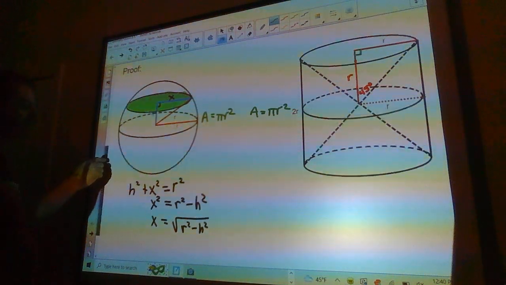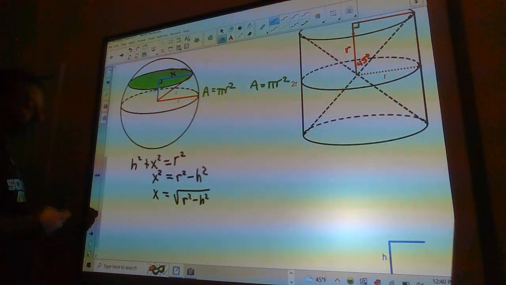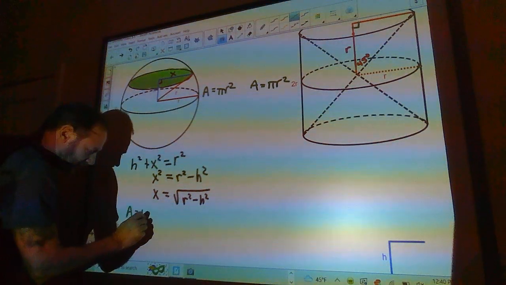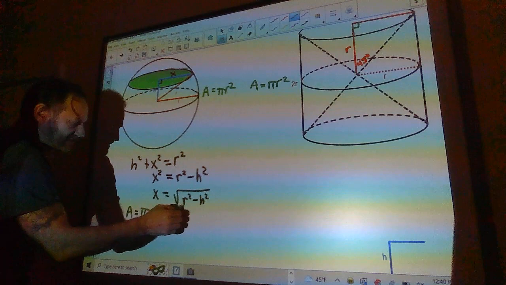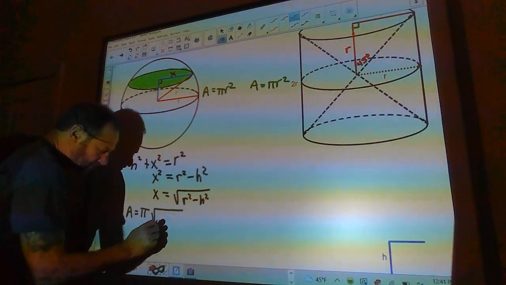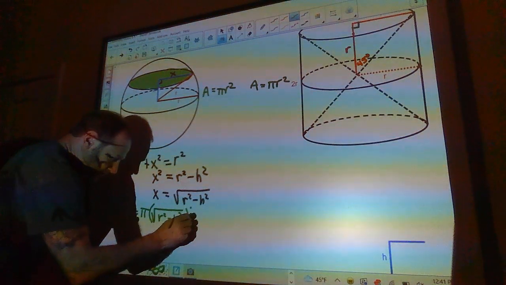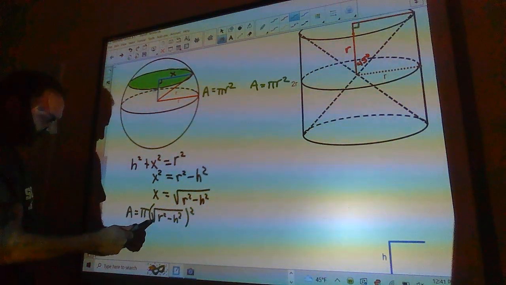Okay, so now I can calculate the area of that green circle right there. So that area is going to be pi times its radius squared. But the radius is this, so it's going to be the square root of r squared minus h squared, squared. Well, all that squared is going to do is eliminate that square root right there.